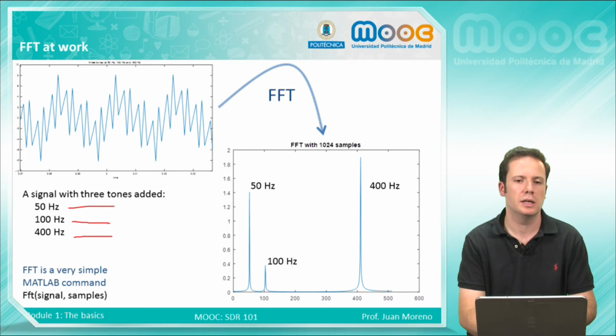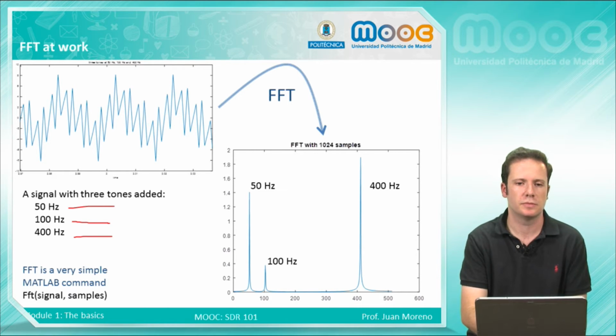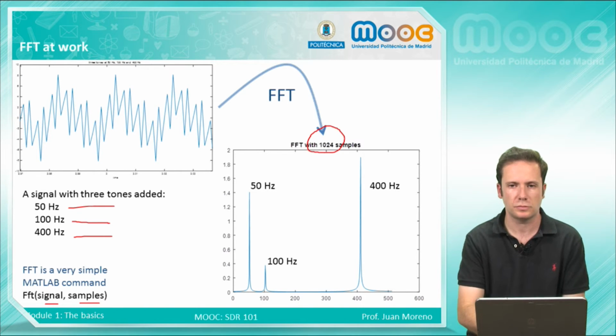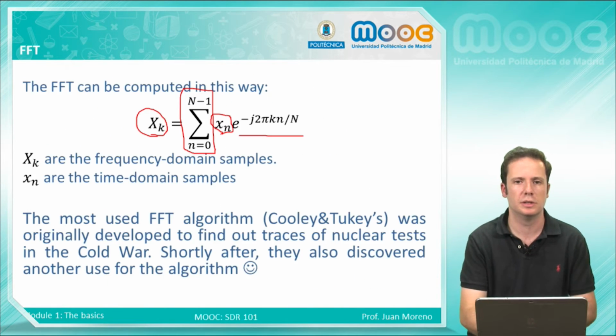This is done by a very simple MATLAB command, the FFT. You only need to tell MATLAB the signal that you want to perform the FFT with, and the number of samples that you want. In this case, the number of samples was 1024. This 1024 is this N here.